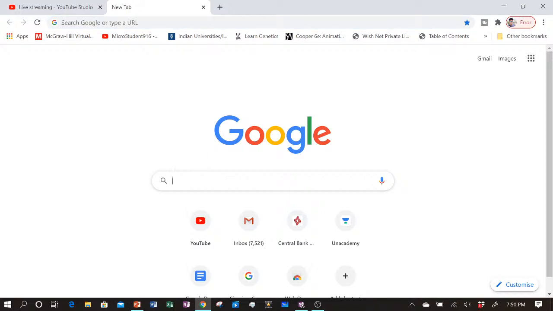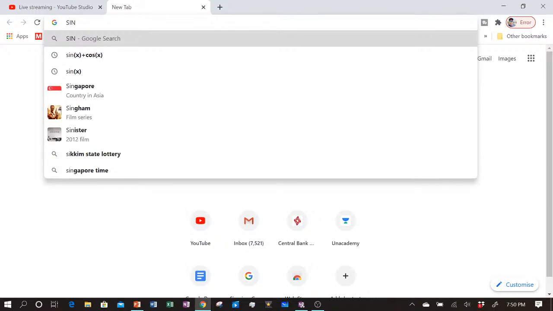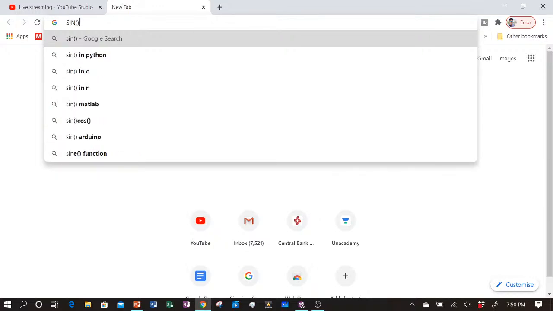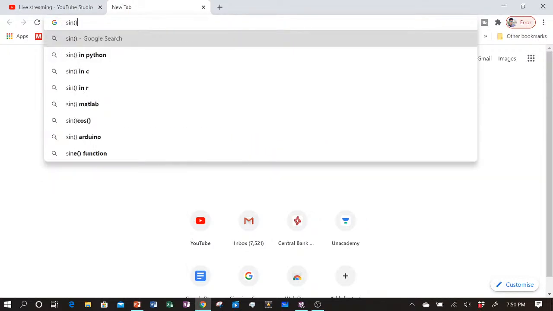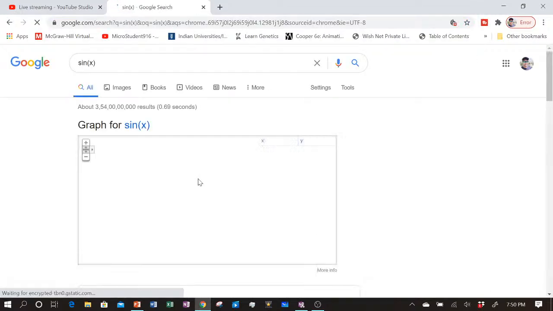See here, if we search sine of x here, okay, let's see what we get.